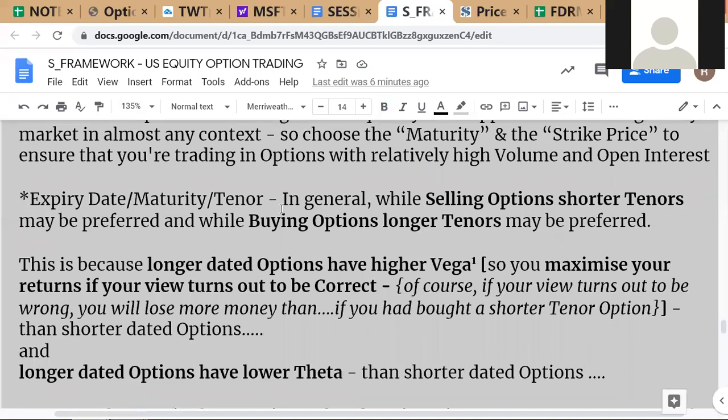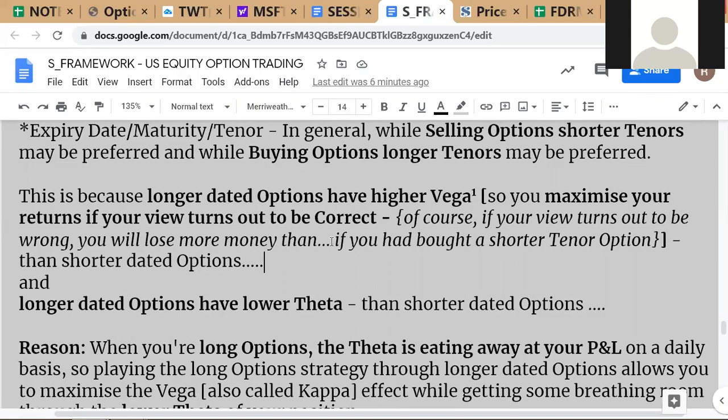You want to be selling options with shorter tenors and buying options with longer tenors. Longer tenor, higher Vega, maximizes your returns if your view turns out to be correct, and also protects you by not having too much very high theta. So you protect yourself while you try to take advantage of this.